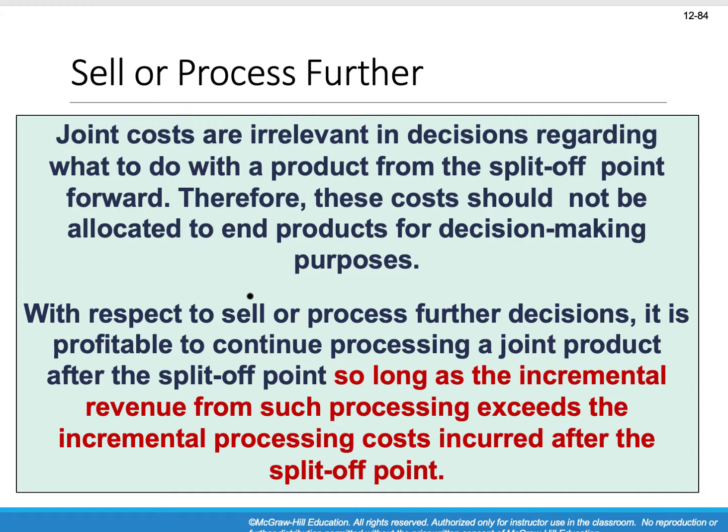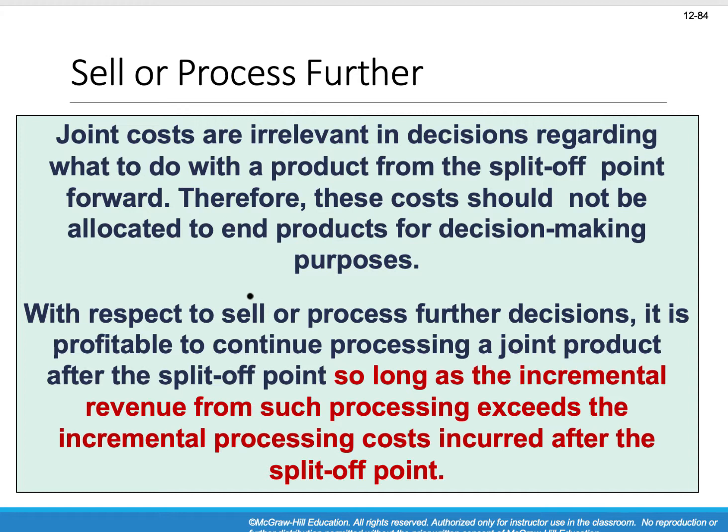Basically, we're going to figure out what costs we need to identify, and then we're going to talk about what benefits we use to determine whether we should sell it as is or process it further. In order to do that, we have to recognize that joint costs are always irrelevant costs, regardless of whether we sell as is or process further.